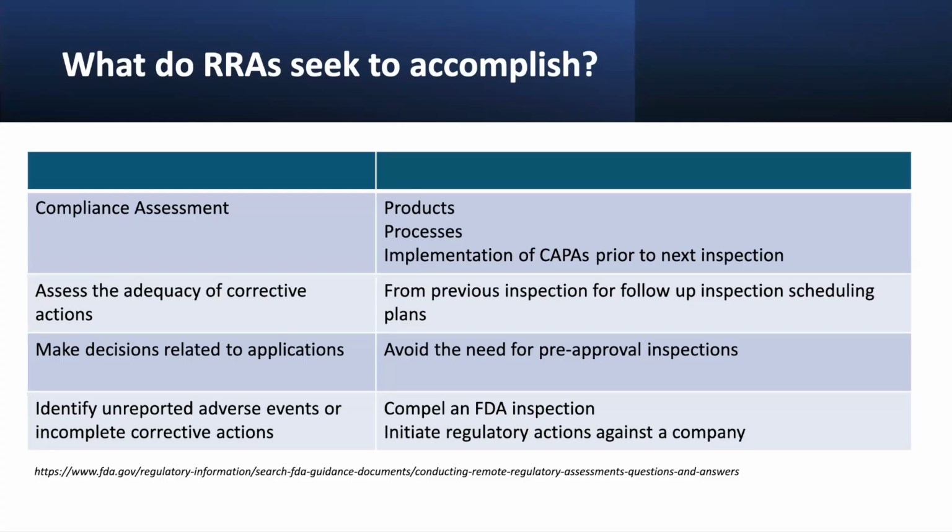Well, let's call this company and let's collect information about the status of their adverse events, their corrective action program, their investigations. Let's take a look at 5, 6 investigations, and let's see, was the investigation performed correctly? Did they have the right root cause in place? Did they implement the right CAPA? Yeah, exactly. They do exactly what they were supposed to do. Okay, that's a good signal. Let's reschedule or postpone that inspection by 6 months or whatever. So this is the sort of thing that could happen.